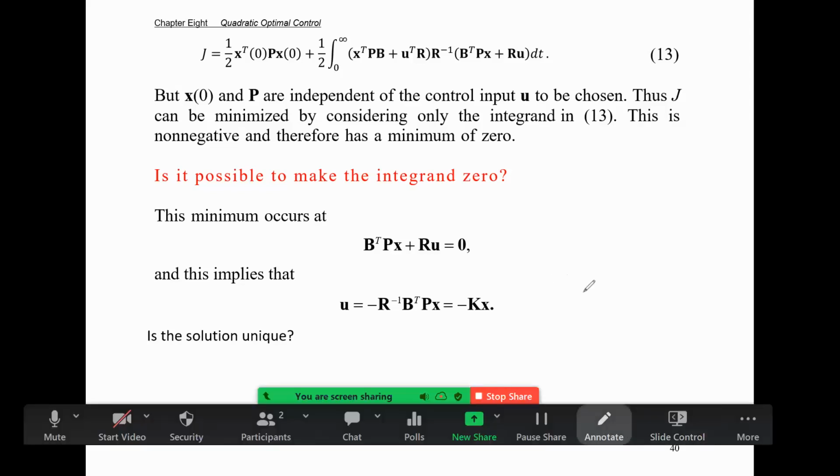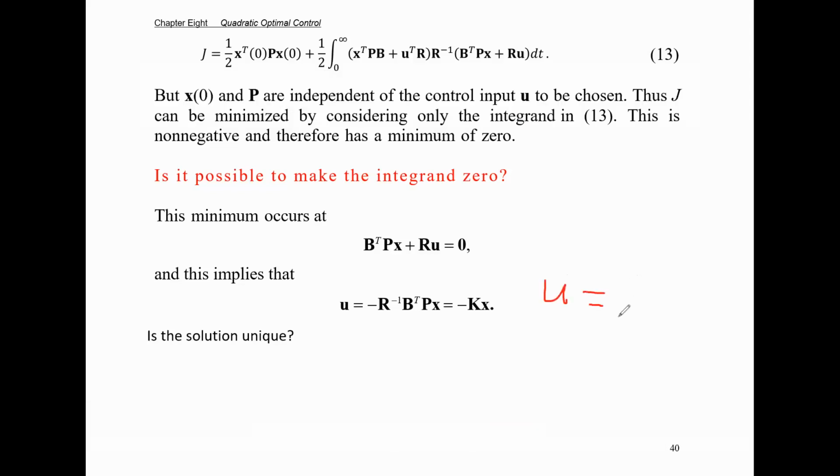For example, can you define another controller, which can be a nonlinear function of x, and then plug it in to make this to be 0? Is it possible?